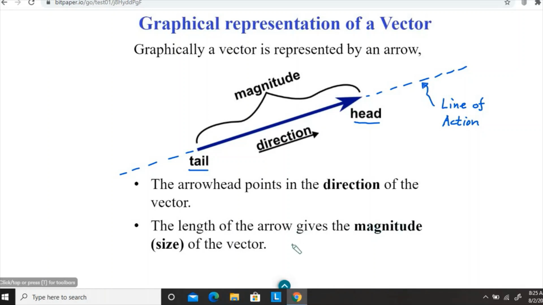Sometimes symbolically, the magnitude or the size of a vector is represented like this. Now you know how to symbolically represent a vector quantity. The magnitude of this vector is given by the modulus of that vector. So whenever you see these two parallel lines, that's taking the magnitude, or what we call the modulus.